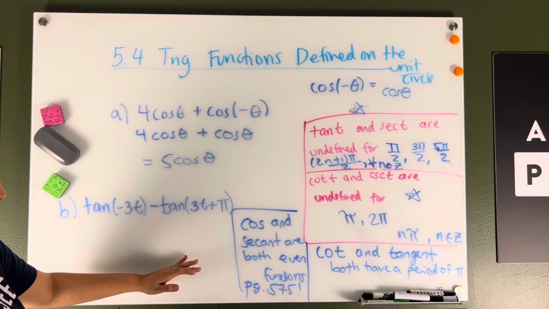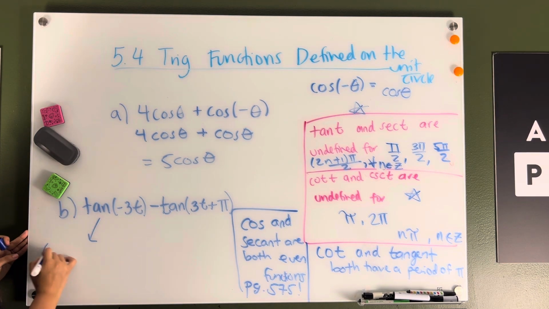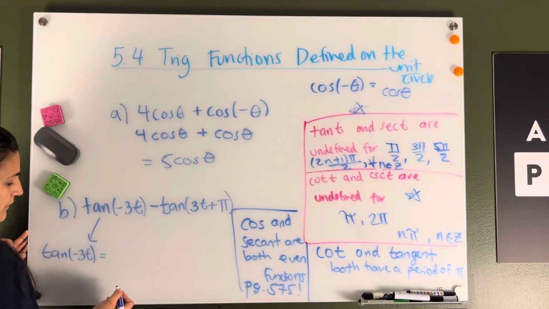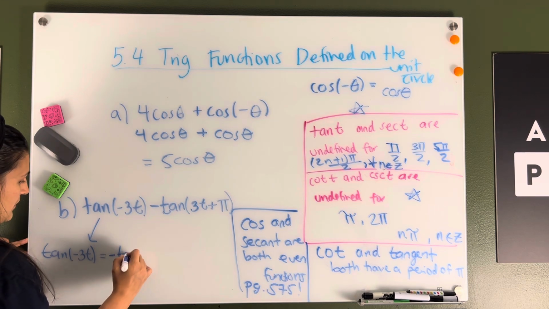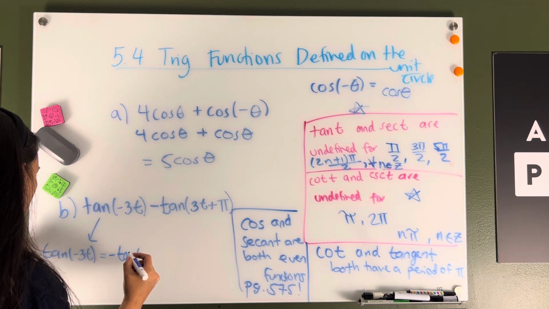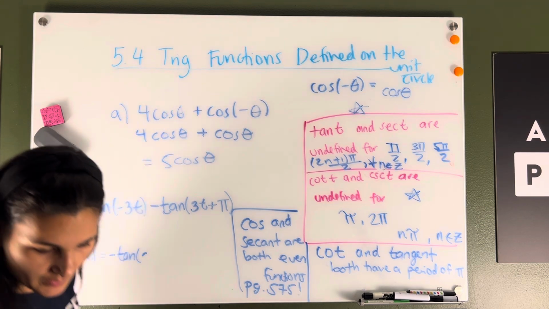What does it mean to be odd? So, for example, this one right here, tangent of negative 3t, when it is an odd function, you end up getting the negative original function.